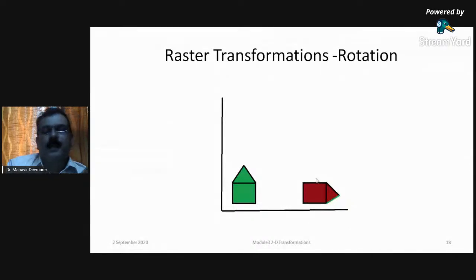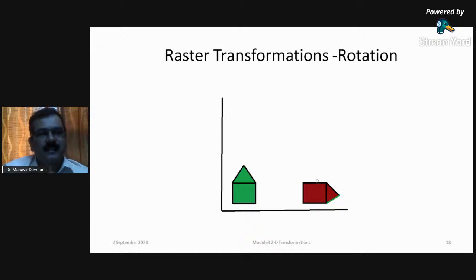If someone asks you to perform a 2D transformation of your object, and you have to perform uniform scaling with Sx equal to 2 and Sy equal to 2, how can it be done using raster transformation? When you read 1 pixel from the original image, you have to display 4 pixels at the destination.